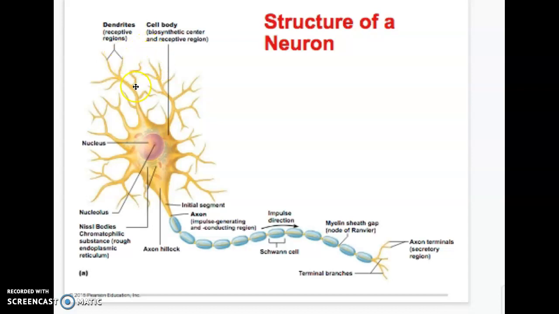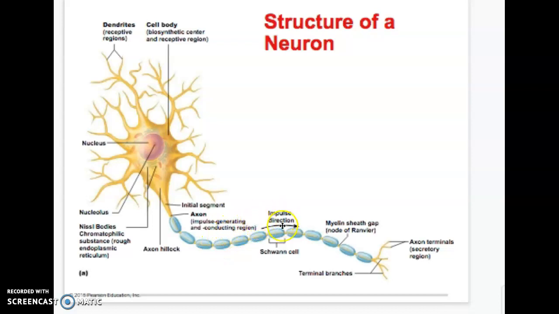And if enough information comes in that the neuron wants to send its own message, it's going to send that message starting right here at what's called the axon hillock, and it's going to travel down the axon through something called saltatory conduction.